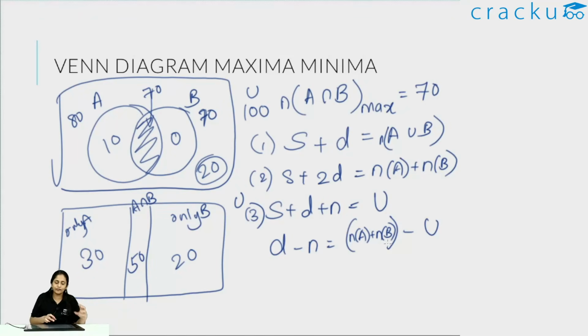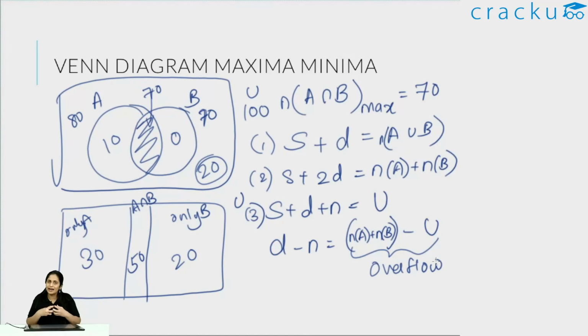And basically if I consider this is 100, this is 80 plus 70, this is 150. So 150 minus 100, that is 50, I call it the overflow. That is basically something that cannot be fit into the sets if they are separate sets. If A and B are separate sets, max they can actually add up to 100.